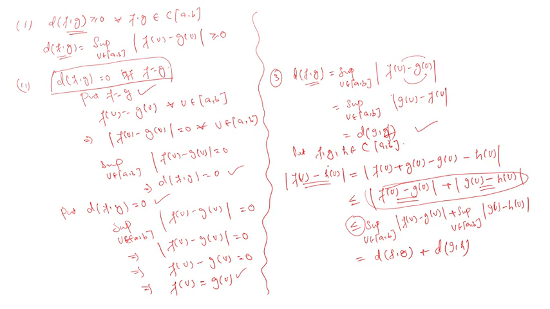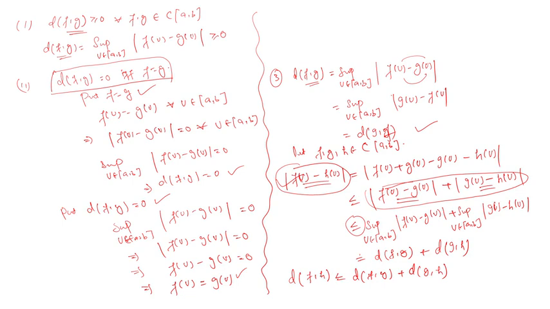Similarly, this quantity, if I'm going to use here supremum over a comma b, this quantity is less or equal to its supremum, means if I will use supremum here also, so I will get the definition of d f comma h, which is less or equal to d f comma g plus d g comma h. रिमेंबर यहाँ पर less and equal to क्यों आया, क्योंकि ये less and equal to में ही चलता आ रहा था.